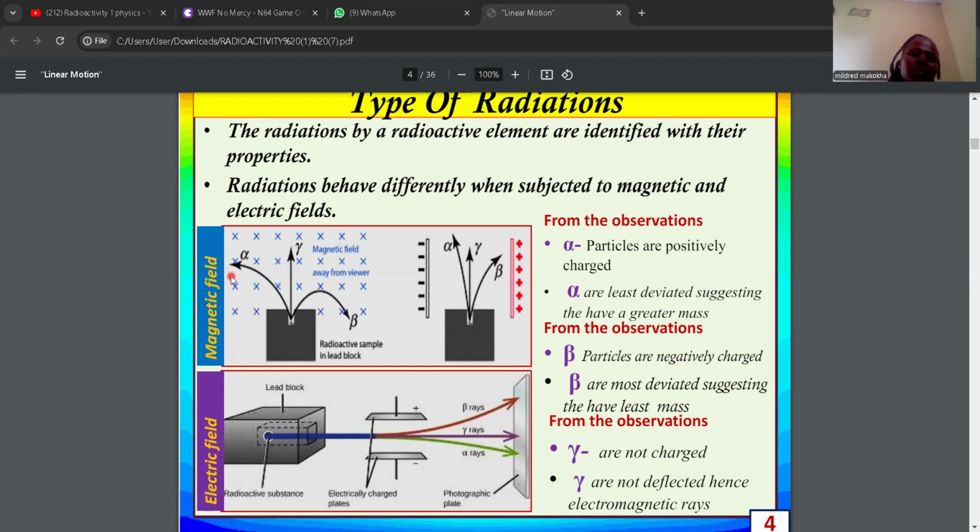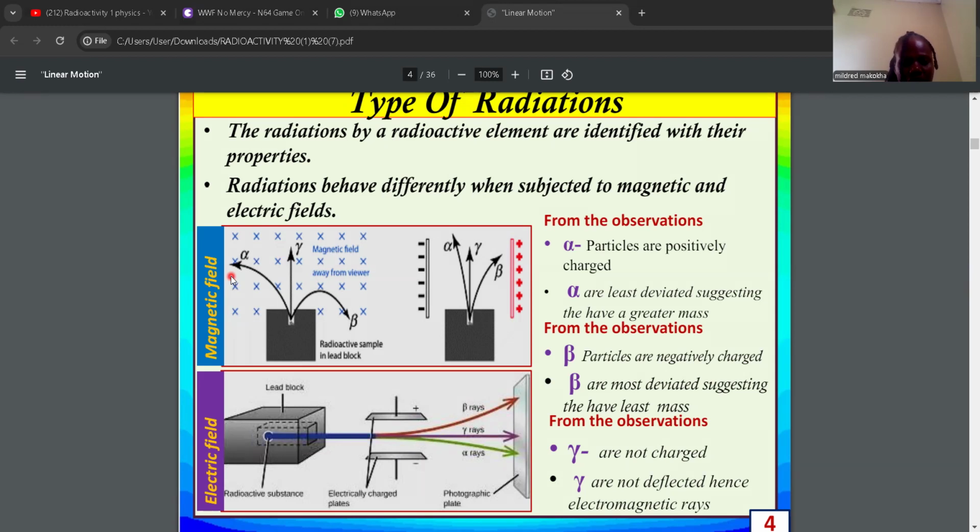So apart from looking at the extent of the deflection, the other very important thing that you need to know is the direction of the deflection.